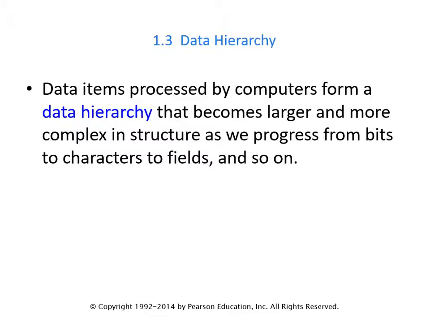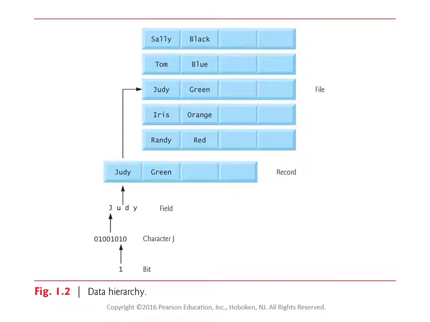So here we're getting into a data hierarchy where, again, Judy is the name, and I don't know if those are last names or whatever. Judy is represented by a character, which is an 8-bit number. We'll talk about that later.